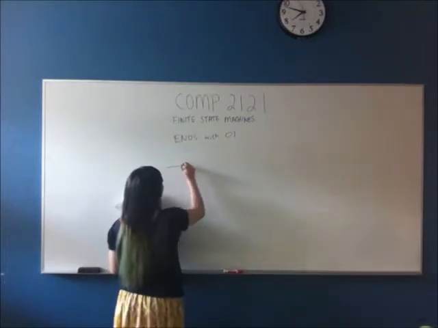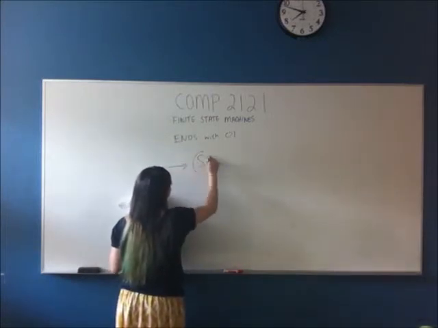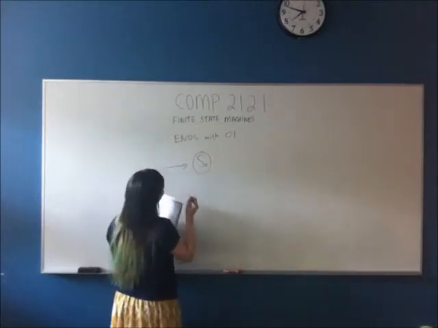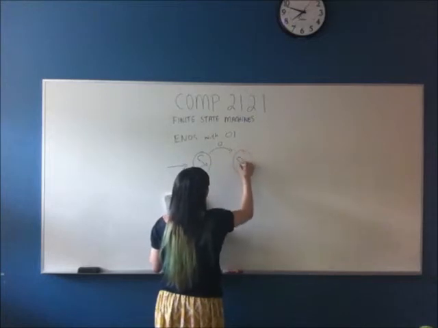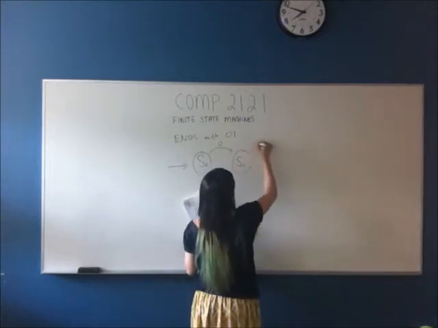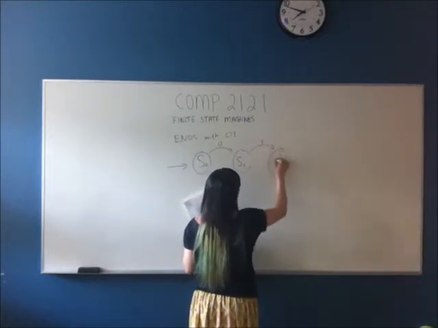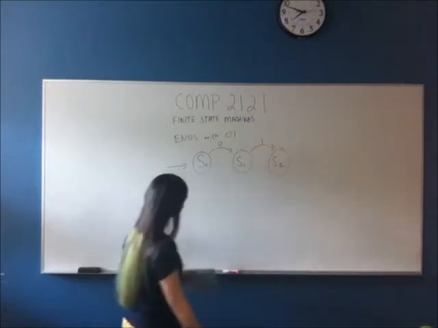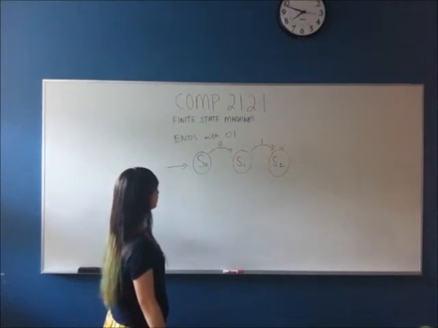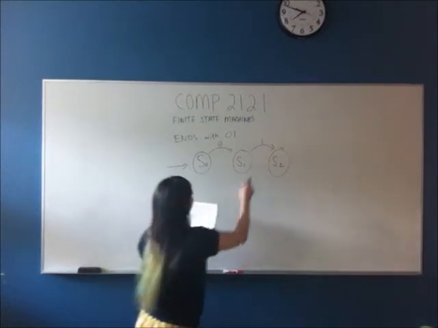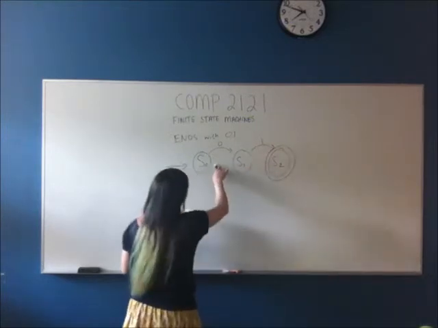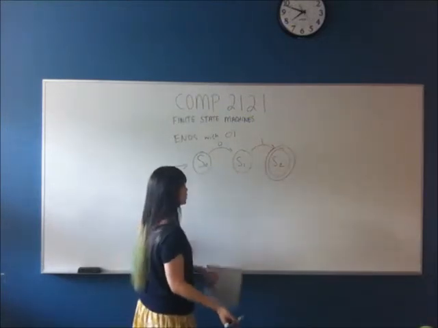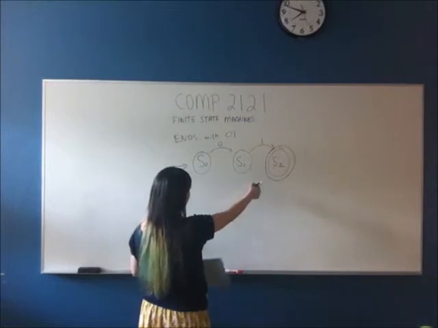So you start again with your arrow. I need 2 arrows to make the shortest. And this is the accepting state, because once it has 0, 1, it's basically the end of the string. So it ends with 0, 1, so you can finish it.